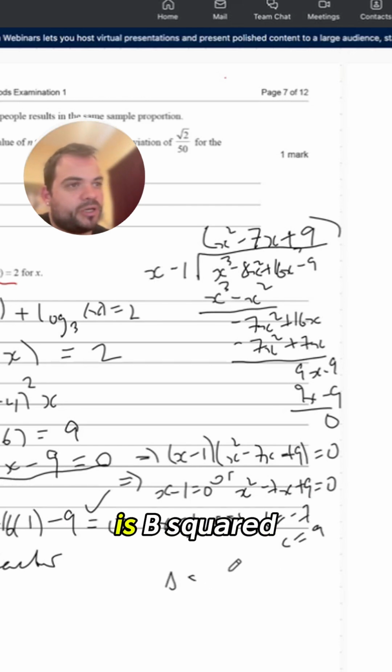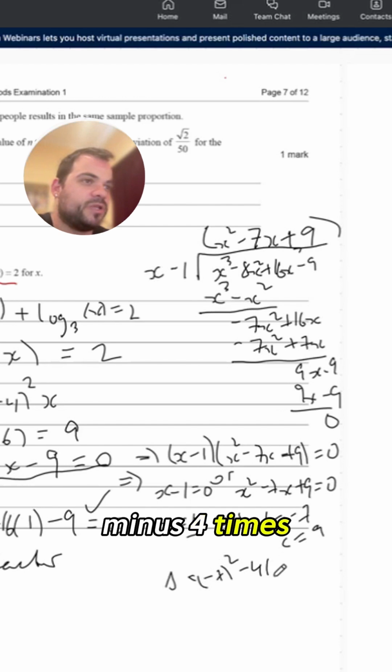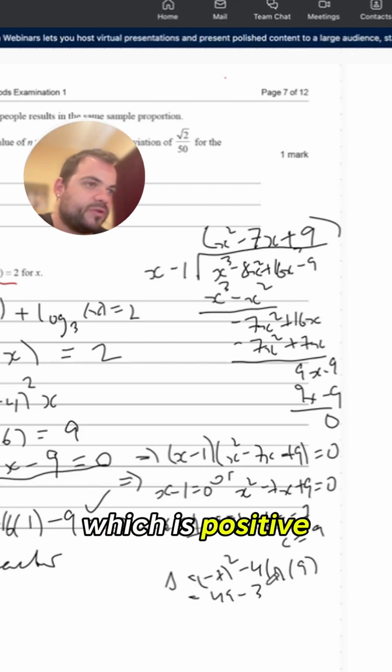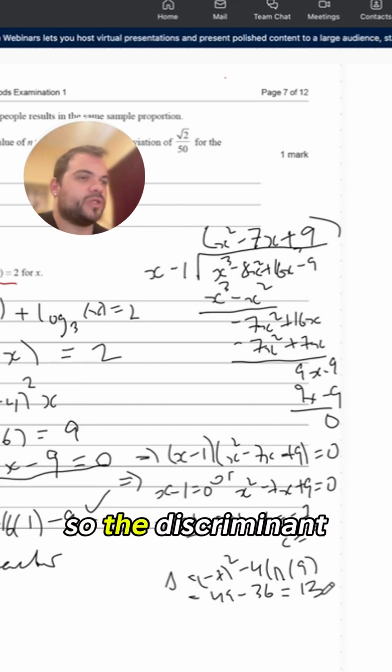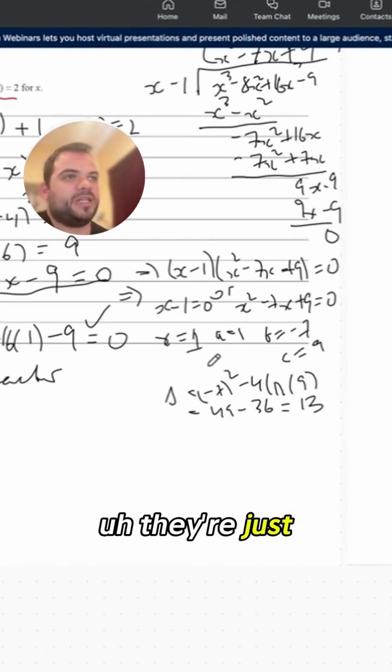So the discriminant is b squared, negative 7 squared, minus 4 times a, which is 1, times c, which is 9. So this is 49 minus 36, which is positive, and it's equal to 13. So the discriminant is positive, meaning that there are two x-intercepts. They're just not whole numbers.